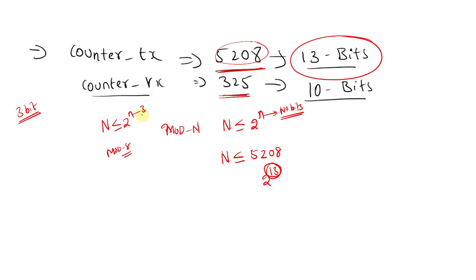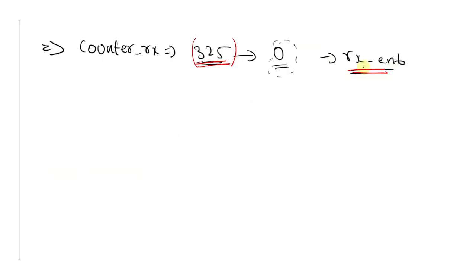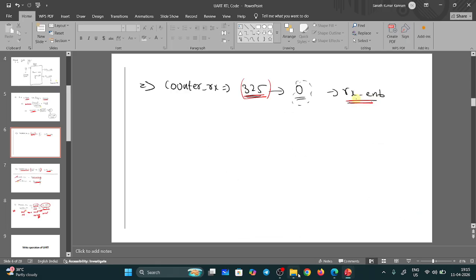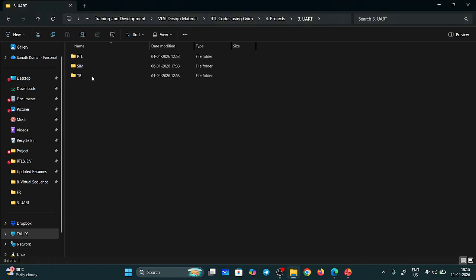Next, 325 is less than or equal to 2 power n, so mostly 10 bits are required for 325. So this is about baud rate generation. We'll see the code for baud rate generation and we'll come back. I'll open the code for baud rate generation.